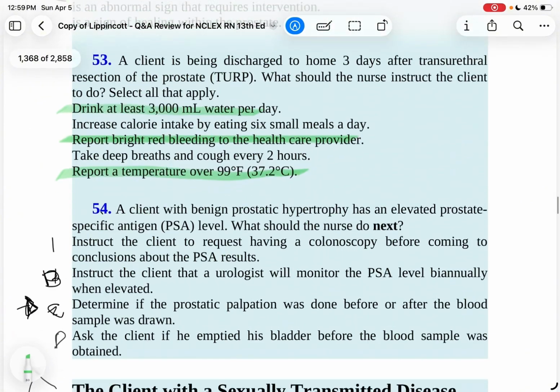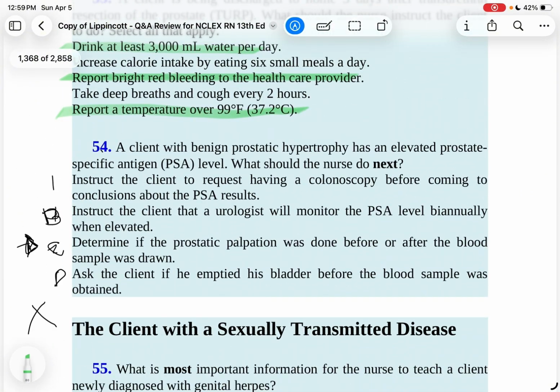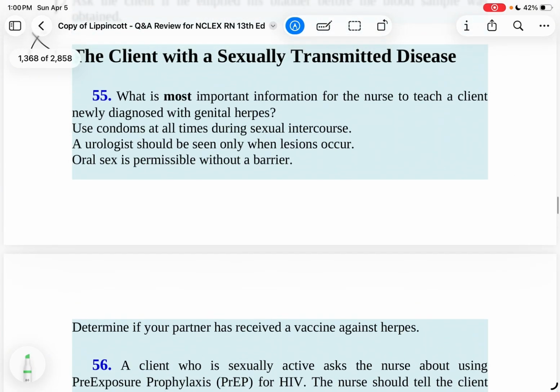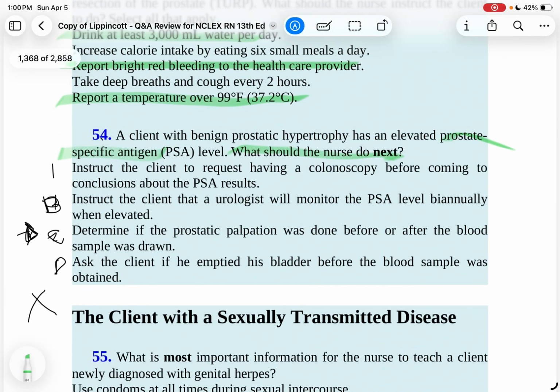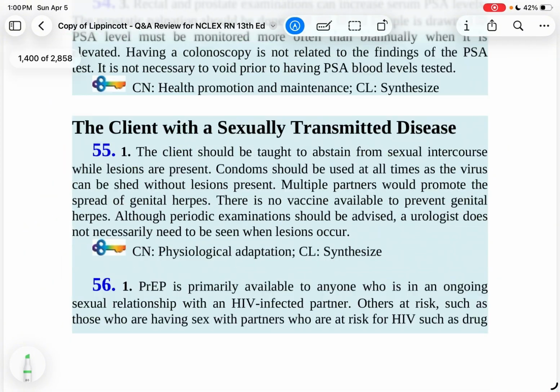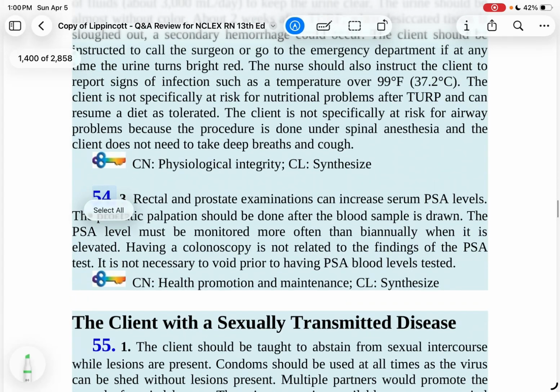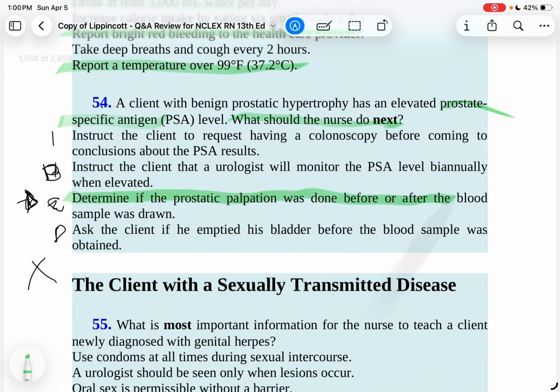A client with benign prostatic hyperplasia has an elevated prostate specific antigen. What should the nurse do next? The nurse should determine if prostatic palpation was done before or after the blood was drawn.